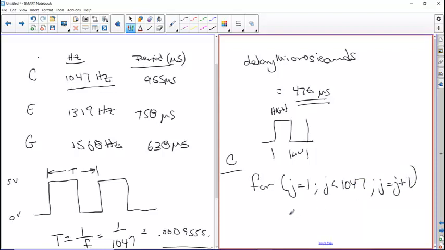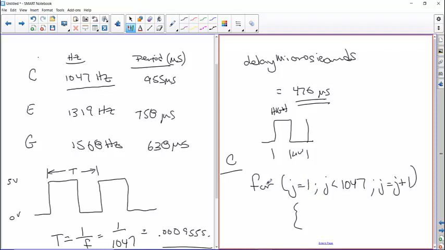What this does is count through 1047 highs and lows, which is a period. So this will make it last for a second. And for the E, you do from 1 to 1319, and for the G, you do from 1 to 1568. And that'll make it so that each note lasts for 1 second.